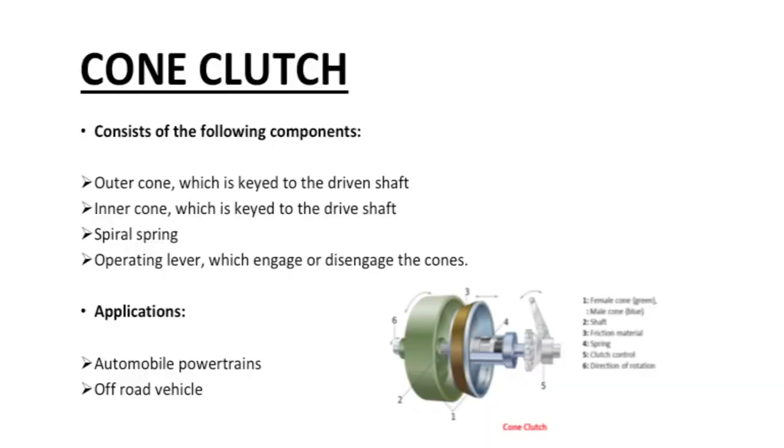A spiral spring is also a component of the cone clutch, and an operating lever which engages and disengages the cone. Then where do we find the cone clutch? We find them on automobiles, powertrains, as well as off-road vehicles.